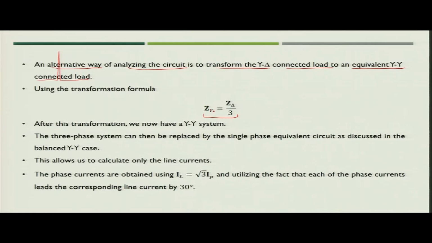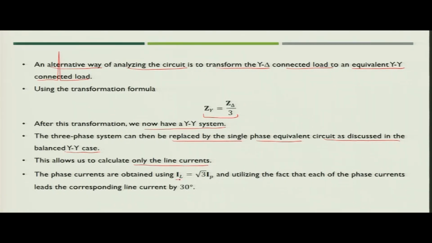So, in that case you can say ZY is nothing but Z delta by 3, and when you put, you can analyze the system as we did in case of star star connection. Now, the 3 phase system here can be replaced by single phase equivalent circuit, which we discussed in case of star star case. So, this will allow us to only find the line current.